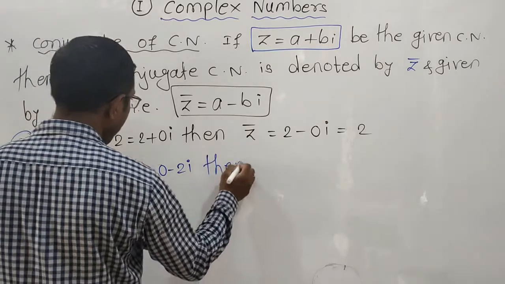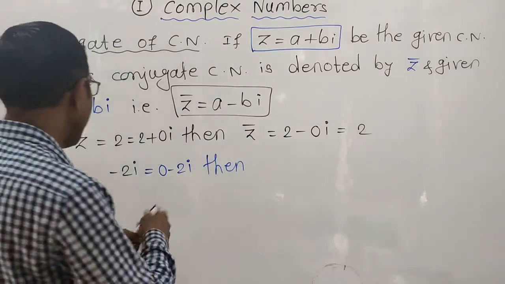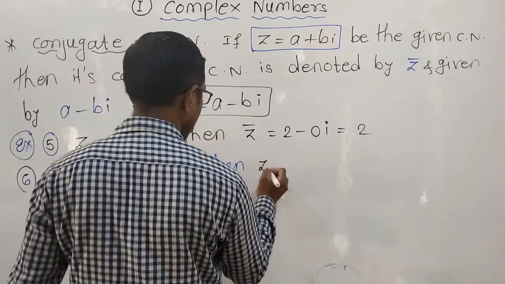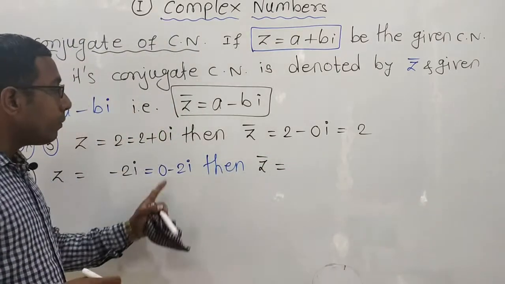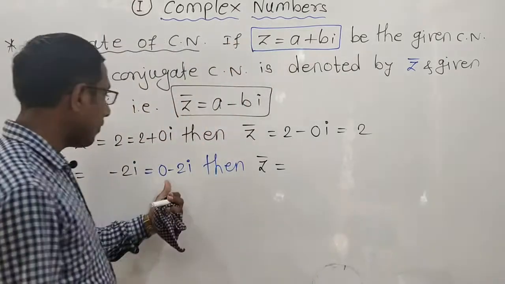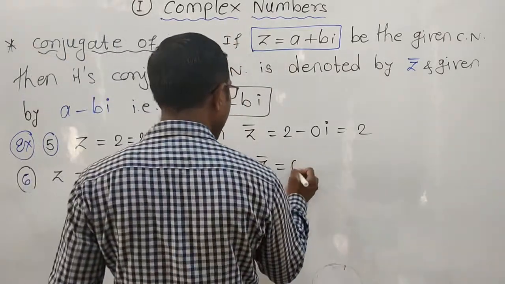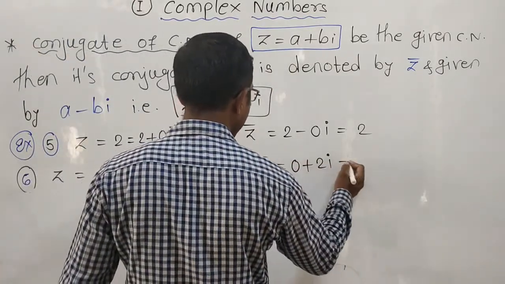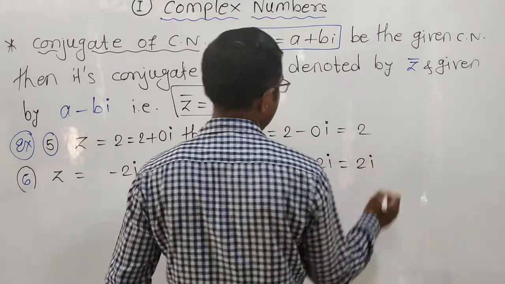Then z bar: reverse the sign of the imaginary part. So what is the imaginary part? It is 2i. Then it will become 0 plus 2i. That is nothing but simply 2i.